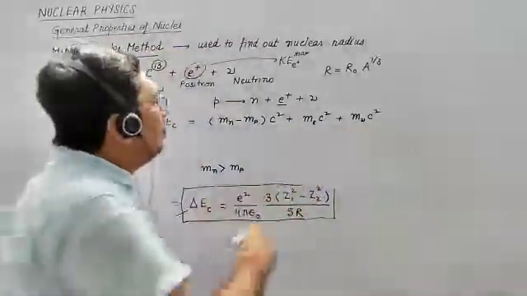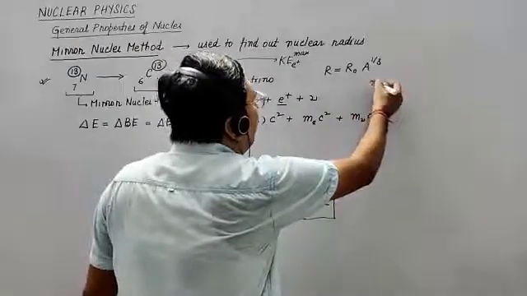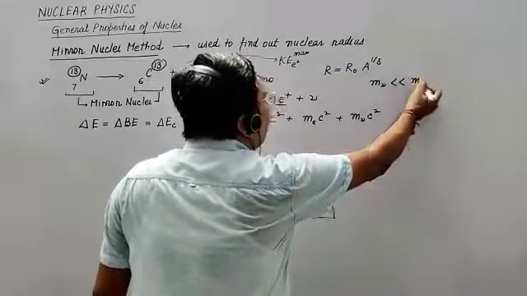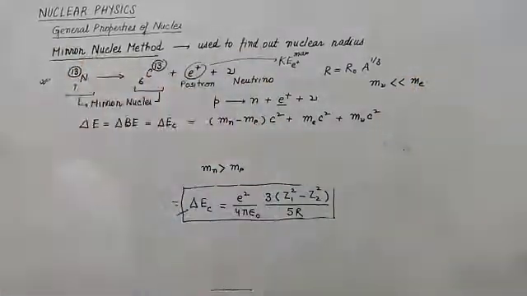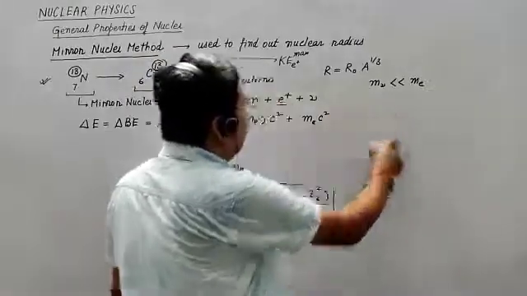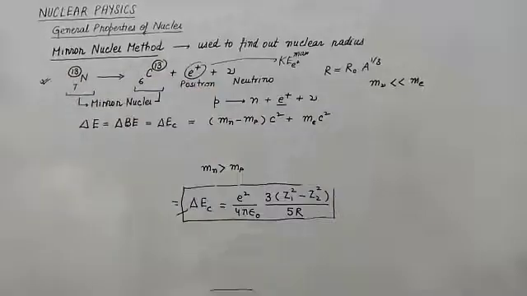Here the mass of neutrino is even less than the mass of electron. So basically we can neglect this. We have neglected this.